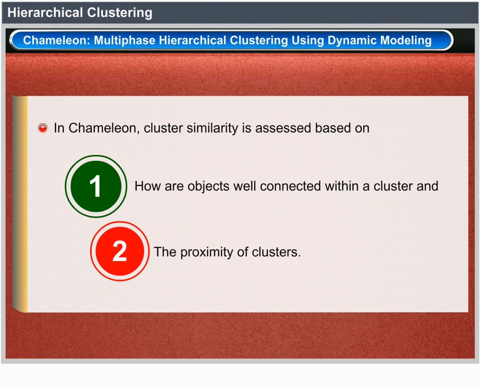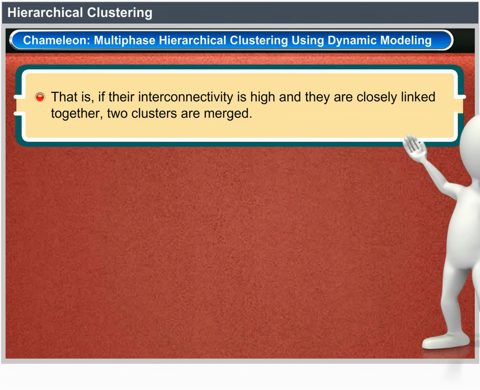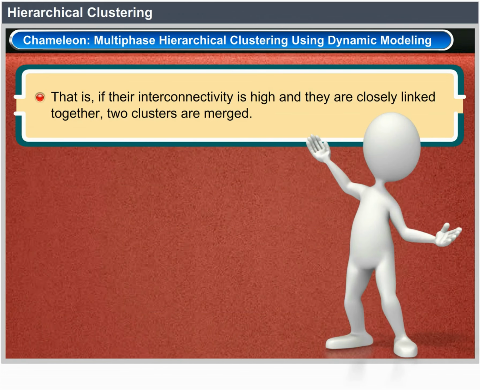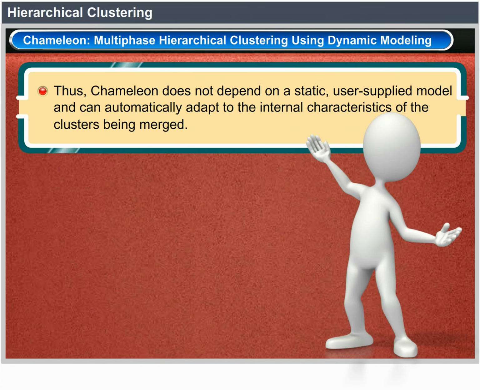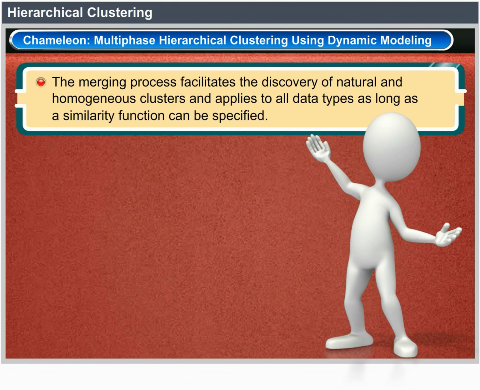That is, two clusters are merged if their interconnectivity is high and they are close together. Thus, Chameleon does not depend on a static, user-supplied model and can automatically adapt to the internal characteristics of the clusters being merged. The merge process facilitates the discovery of natural and homogeneous clusters and applies to all data types as long as a similarity function can be specified.